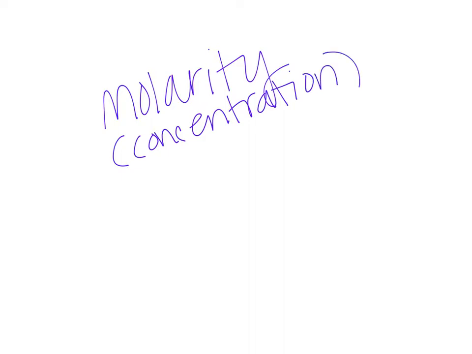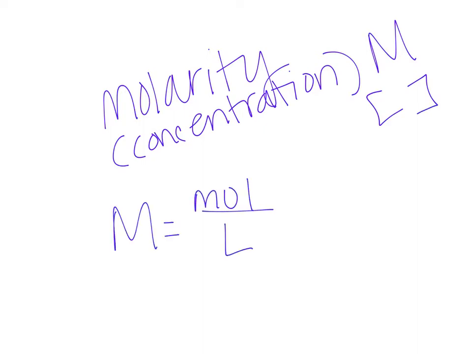Next thing, molarity. Molarity is the same thing as concentration. If it has a concentration of, it's a big M or it's in brackets. Molarity is equal to moles over liters. The tricky thing, especially for you being pre-AP, is we won't give it to you in moles.